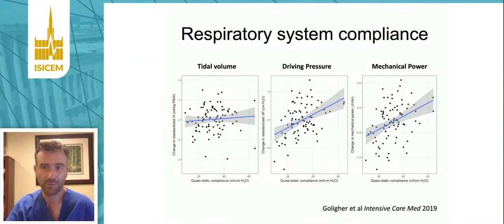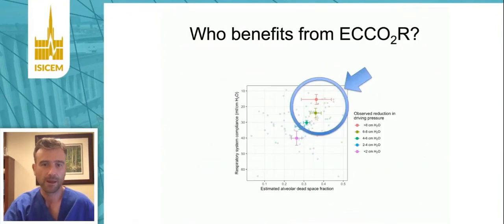So if driving pressure or mechanical power, these measures of stress and strain and total energy load within the lung, are the key determinants of lung injury, then a patient with low compliance is going to obtain more clinical benefit than a patient with high respiratory system compliance.